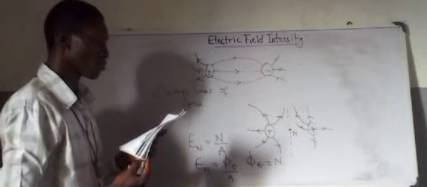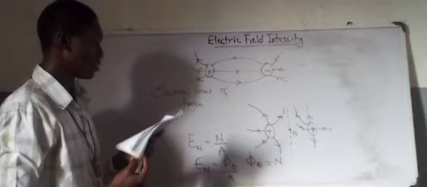Therefore, we can say that the electric field intensity, depending on the number of lines of force, can be given as the total electric flux divided by area.